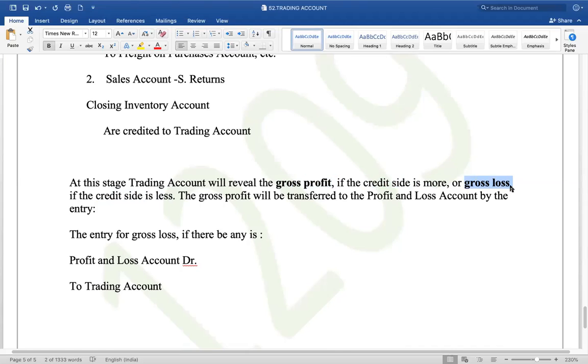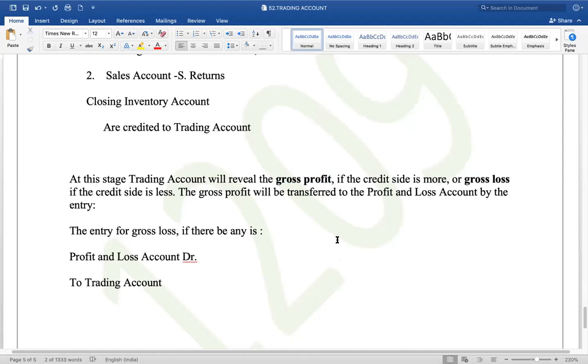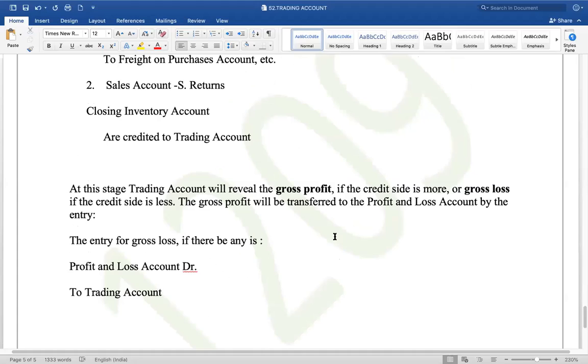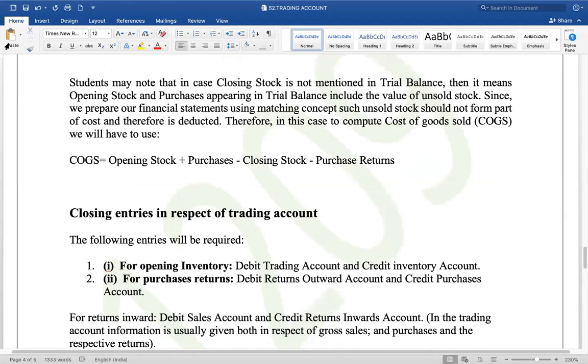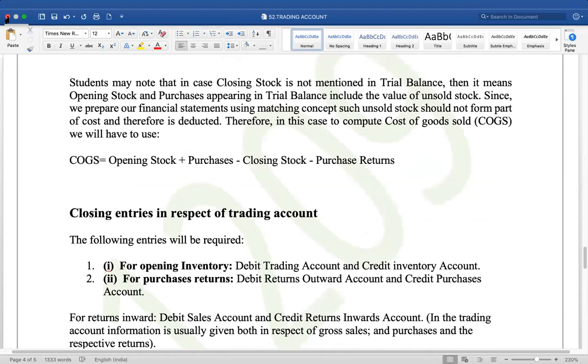Debit side is more than credit side, gross loss. Credit side is more than the debit side, gross profit. Right? That's it. So this is an explanation of how we can prepare trading account.